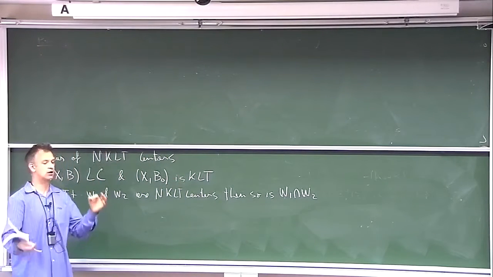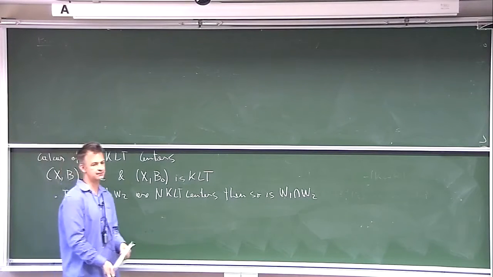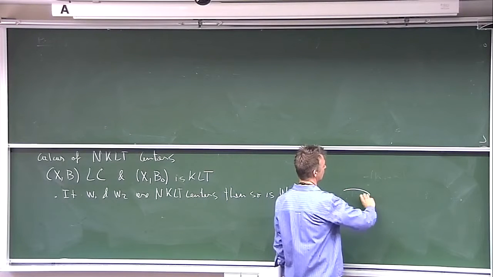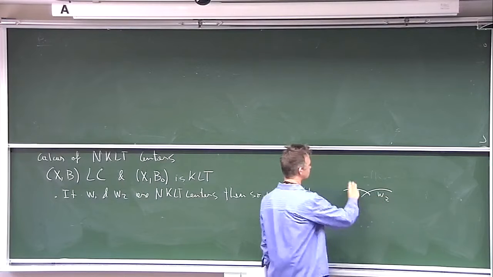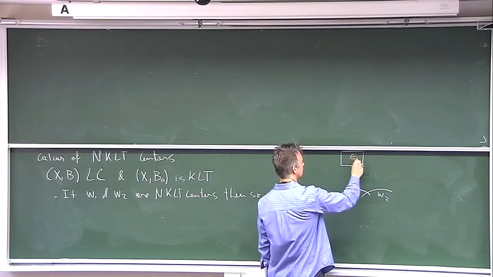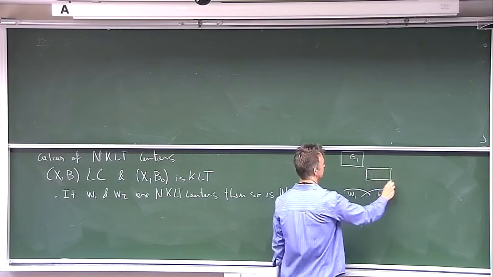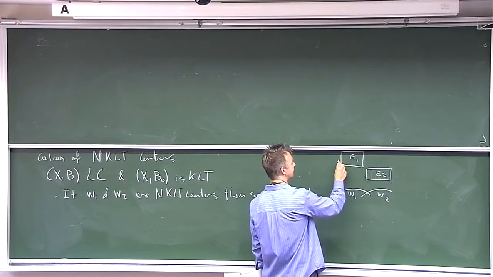Each component of the intersection of W1 and W2 is also a non-KLT center. What's the intuition behind this? You have two non-Kawamata log terminal centers, W1 and W2, which means that above them you have two divisors, E1 and E2, which both come with multiplicity 1.